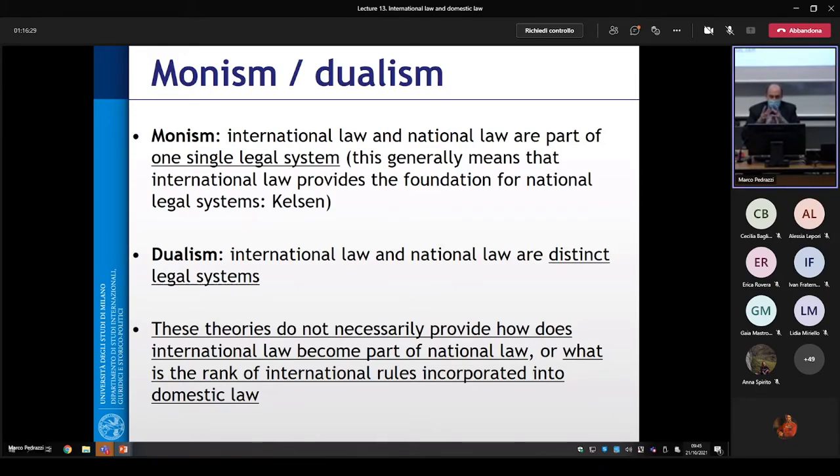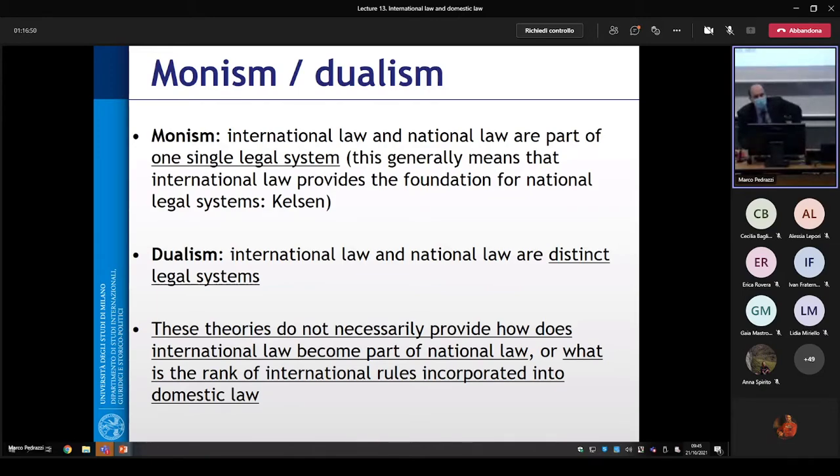Now, for example, a monist legal system is the Netherlands, which is the legal system in which, of course, the author of your textbook was formed.